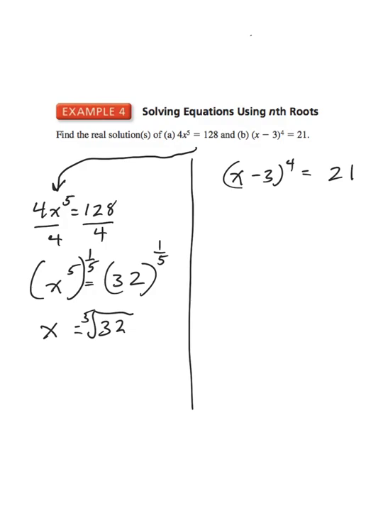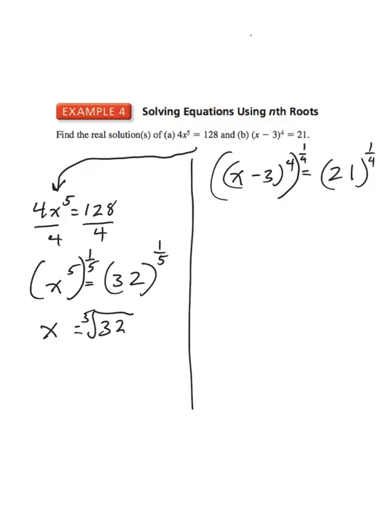I can bring the 4th power to the 1/4 power. No, we don't have to do any foiling, guys. That's the beauty of this. I'm not multiplying by 1/4. I'm bringing both sides to the 1/4 power.